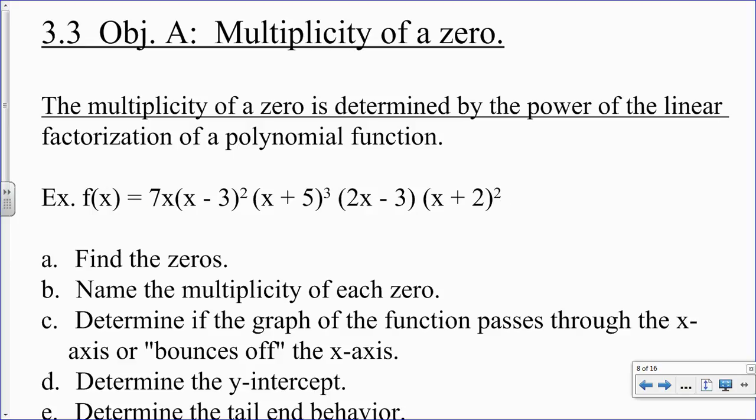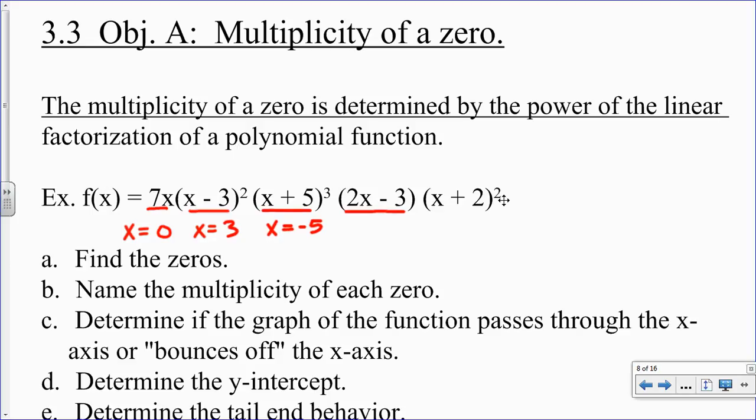Okay, so if I were to find the zeros, I set each part that has an x equal to 0, so if 7x equals 0, x equals 0. Okay, for x minus 3, x equals 3. For x plus 5, x equals negative 5.